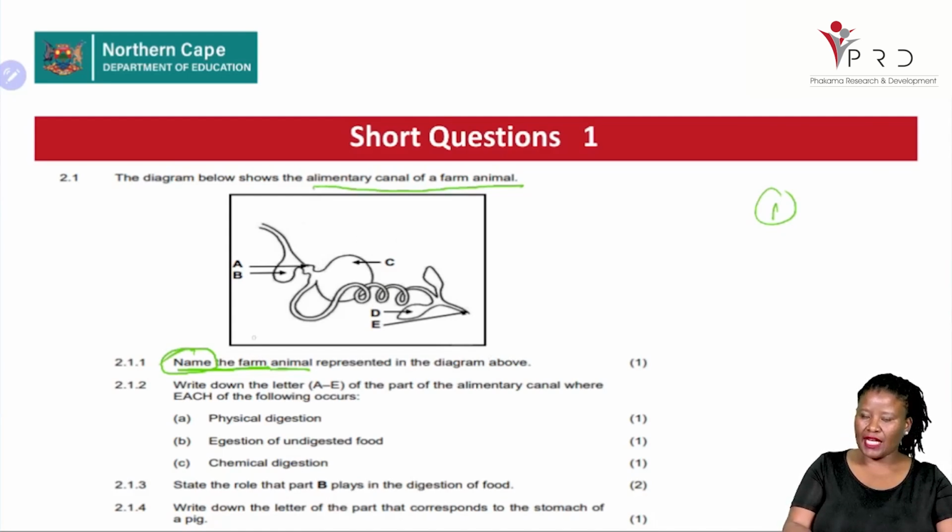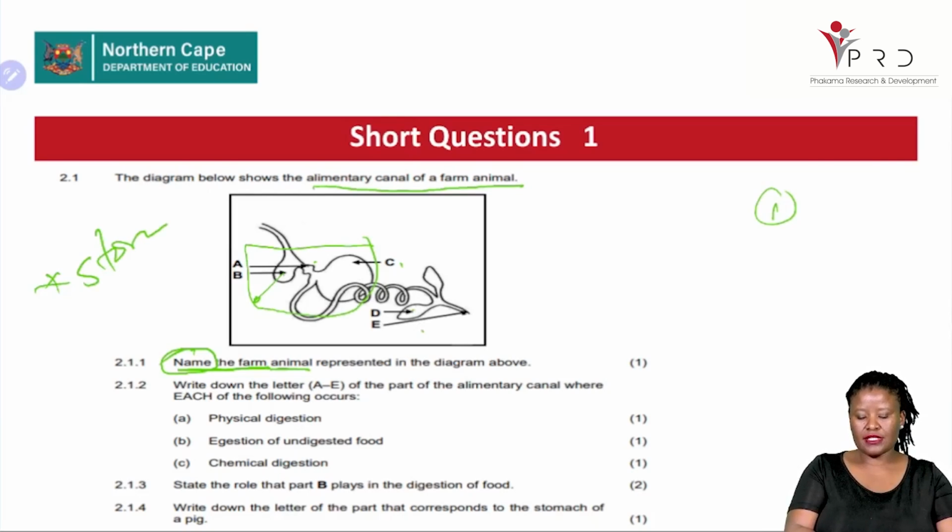Looking at this diagram, what is this alimentary canal for? What you are going to look at, you can see B. What is your B, your A, your C, your D, and E? At all times when you look at the diagram, your focus must be on the stomach. Let's move on.